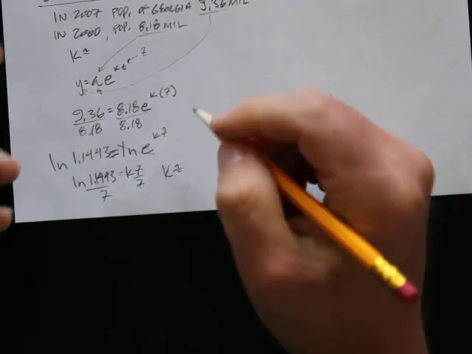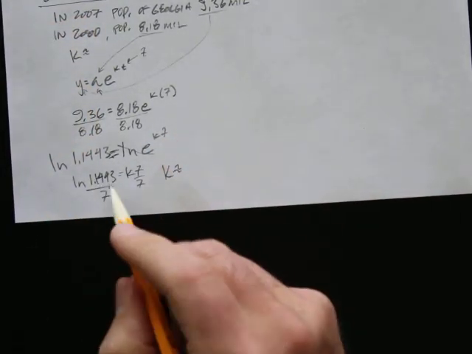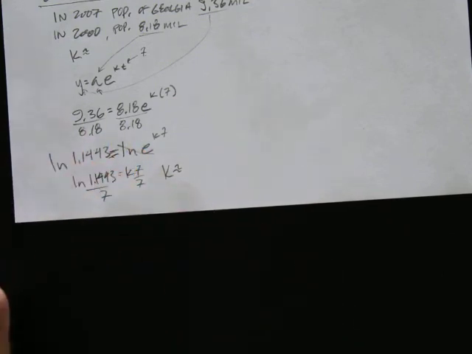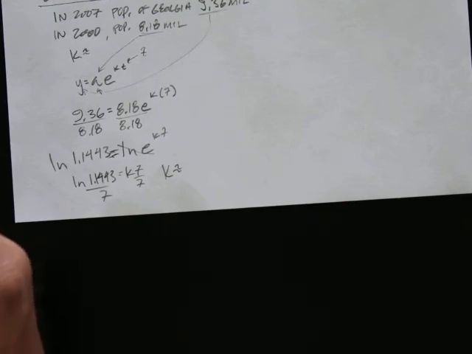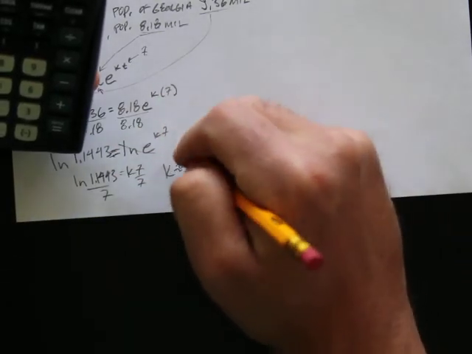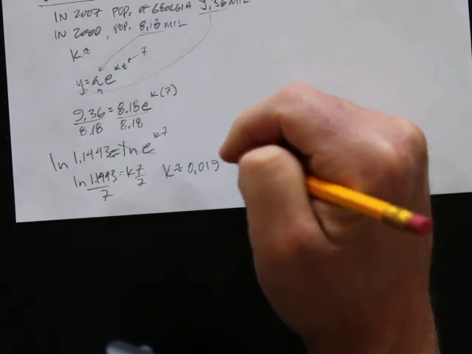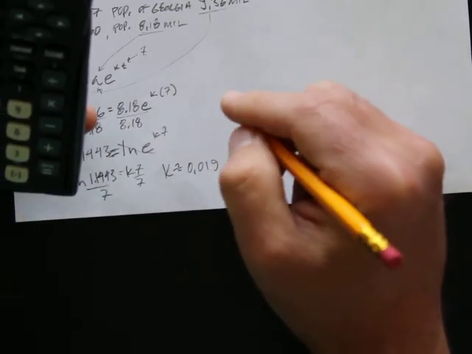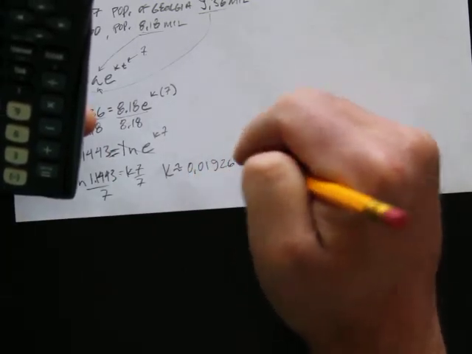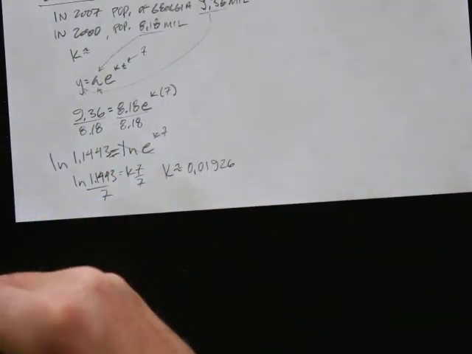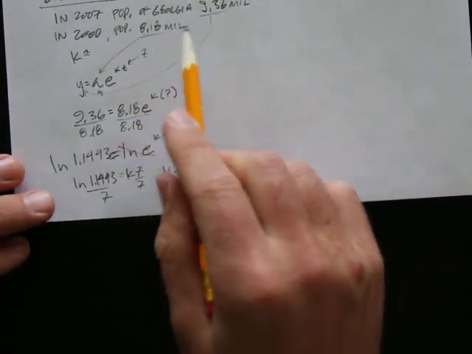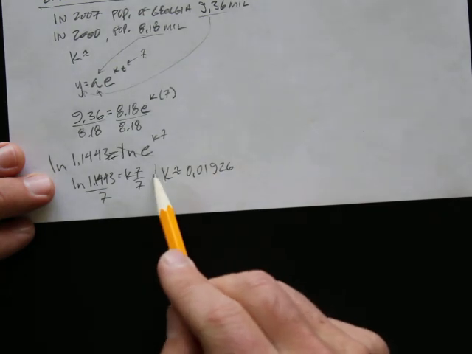K is approximately the natural log of this number divided by 7. Natural log 1.1443, close parentheses, divide by 7 equals 0.01926. And that is the rate of change here for exponential growth in Georgia.